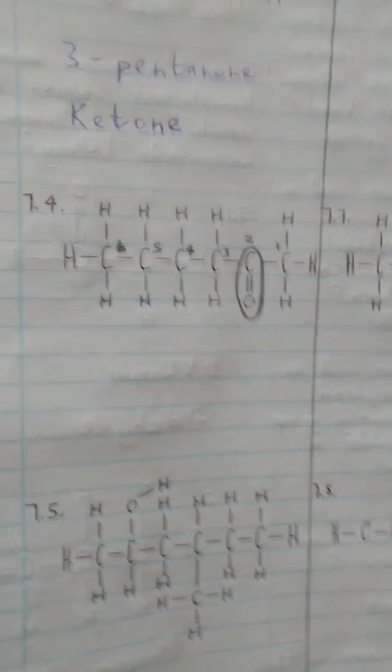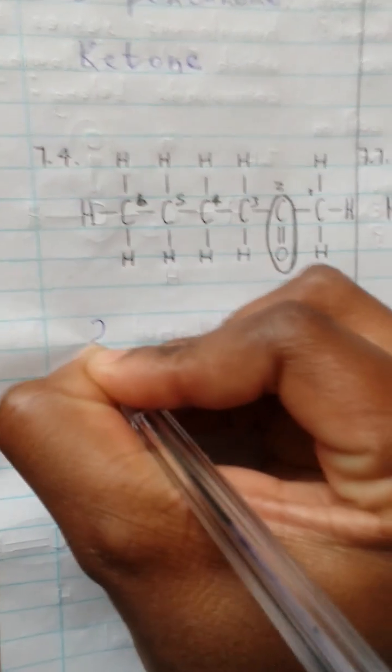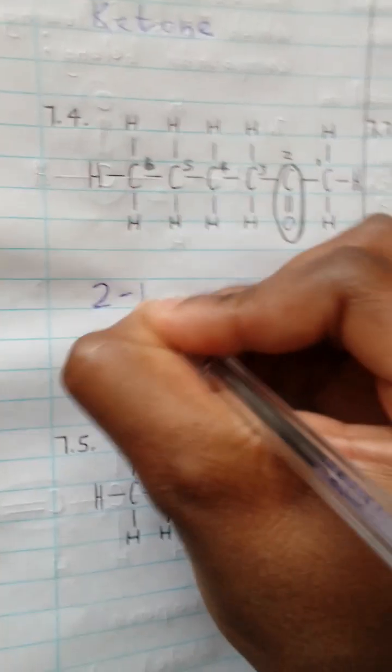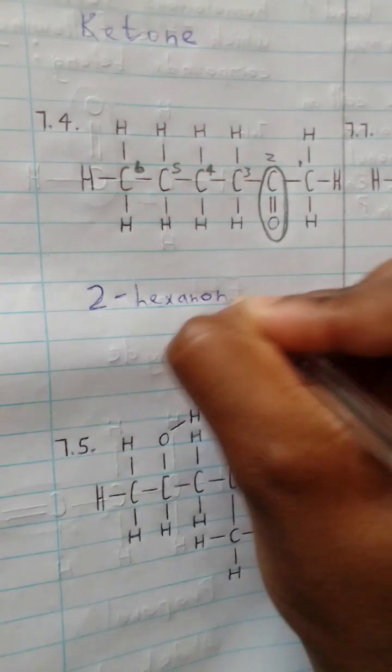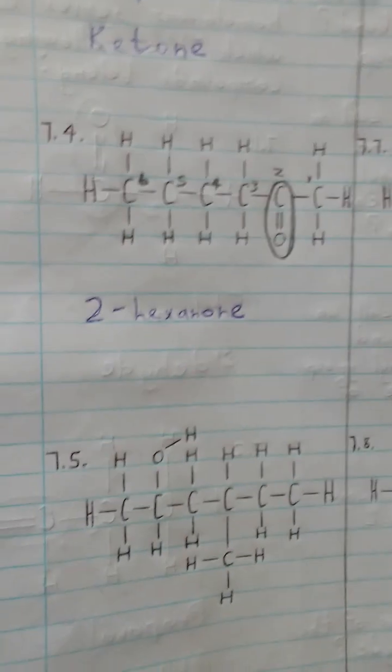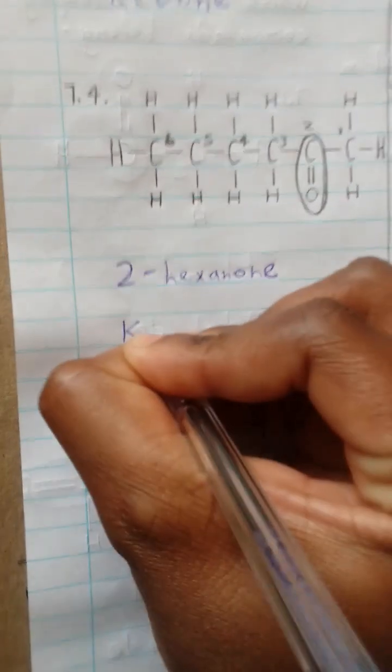Right? So this is 6, it's hexa, right? So this is 2-hexanone, or hexan-2-one. And once again, homologous series is a ketone.